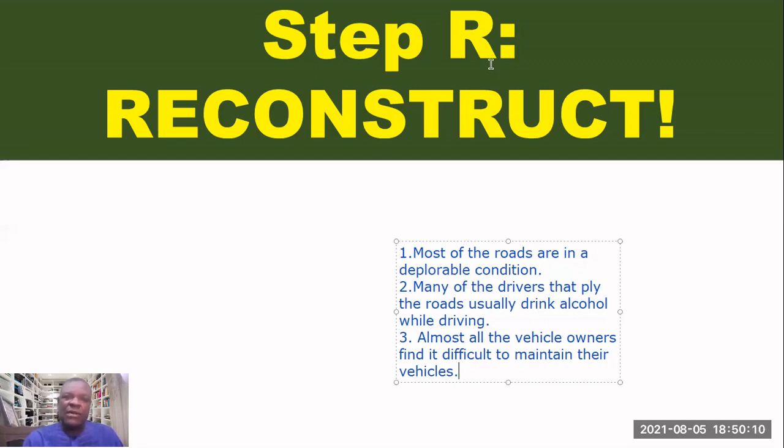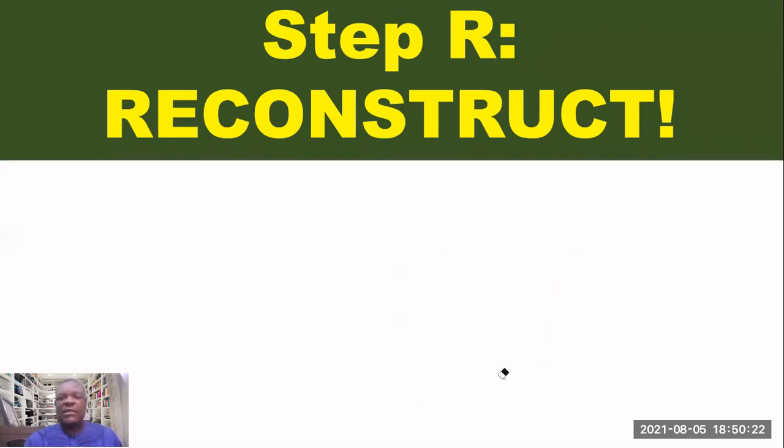Okay, so reconstructing is a very, very effective way of ensuring that you do not violate the rule of summarizing. One of the rules is to avoid the use of unnecessary material.